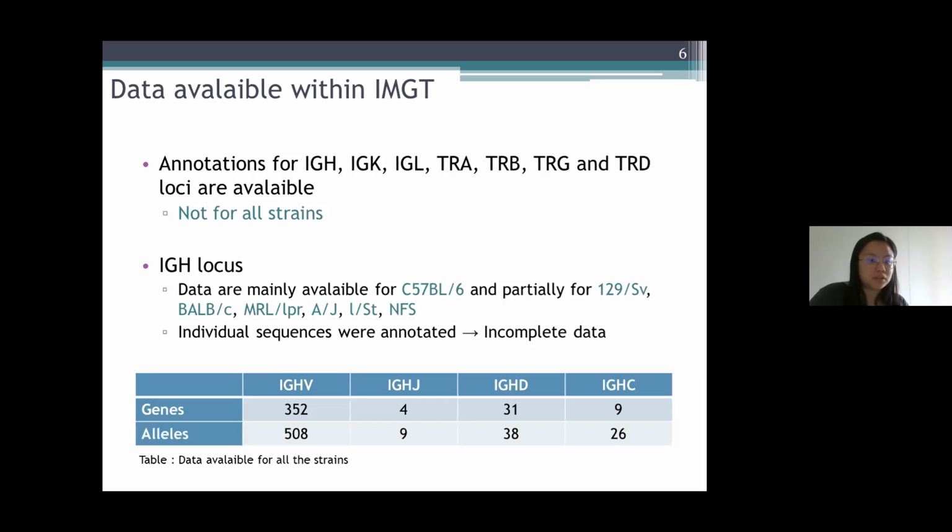Because it was individual sequences that were annotated, we don't have complete loci, and here we have a table which summarizes the number of genes and alleles for each type of gene.